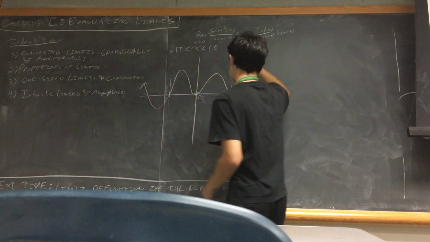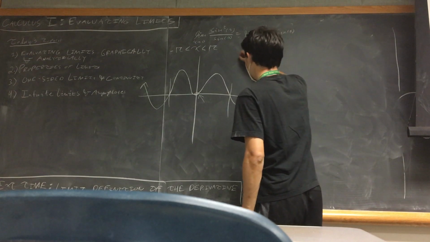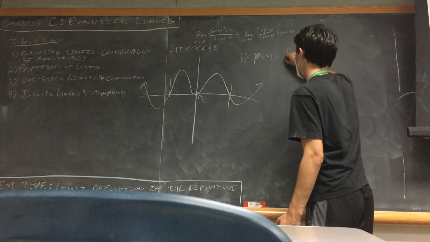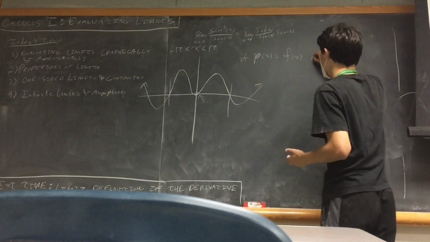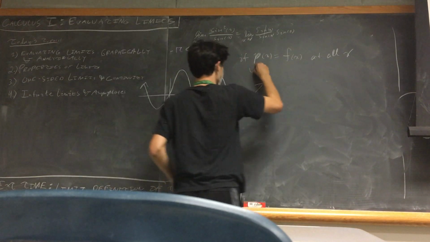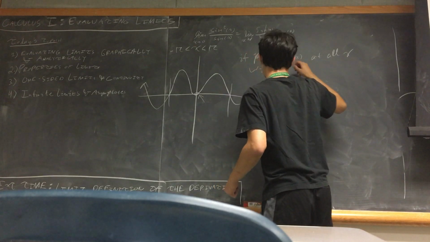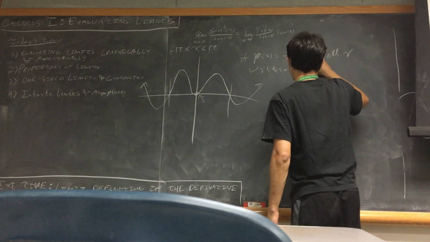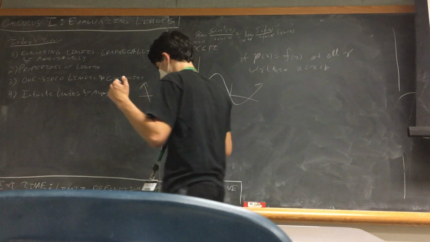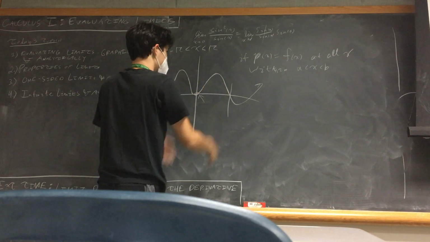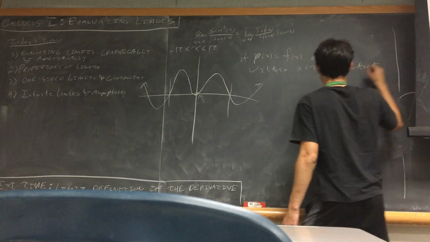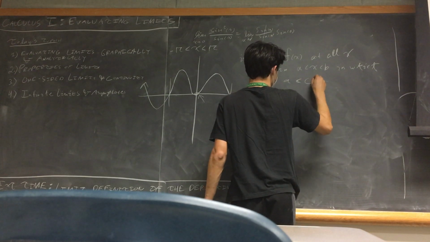So what we can do is, if we have a function p of x equal to f of x, so if the two functions are equal at all x relatively close within a domain, a is less than x, which is less than b, which is saying that as long as it is equal to this within some domain in which a is less than c is less than b.